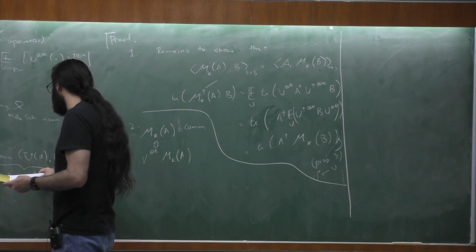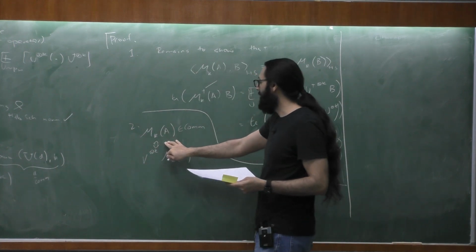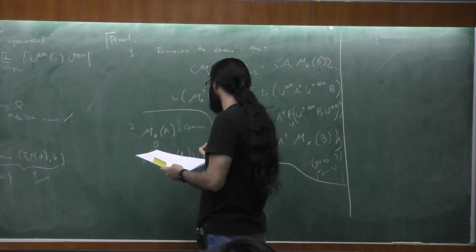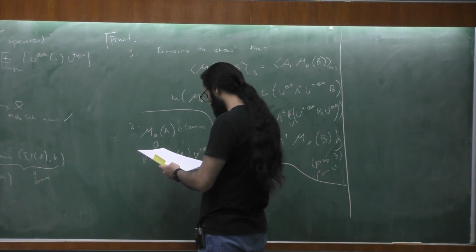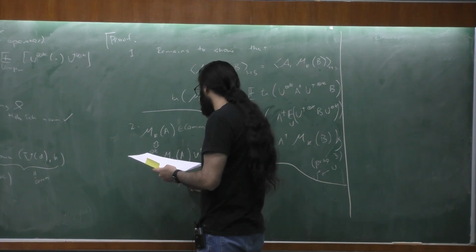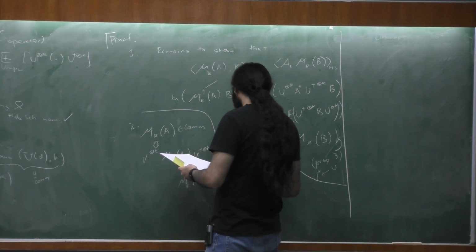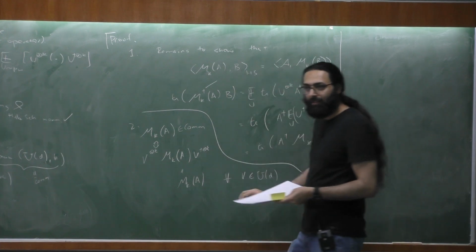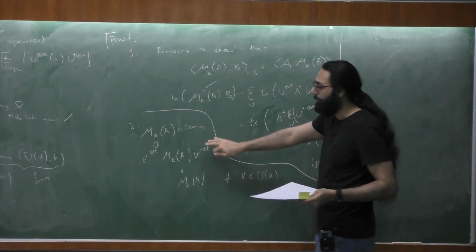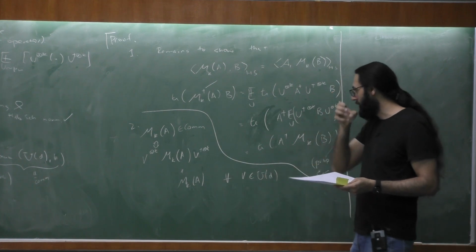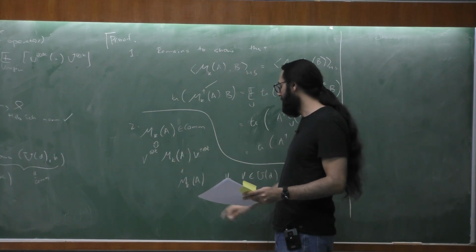M_K of A in com is equivalent to saying that you apply k copies of an arbitrary unitary V and it leaves M_K of A invariant. So these two conditions are equivalent. I've just used the definition of what the commutant is: an object is in the commutant if you conjugate it with V and it's the same.